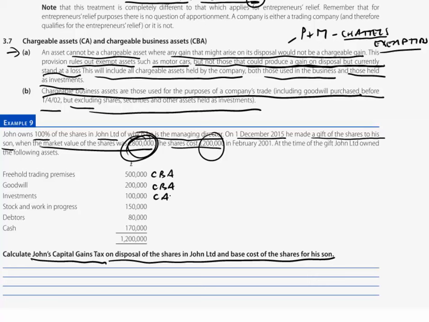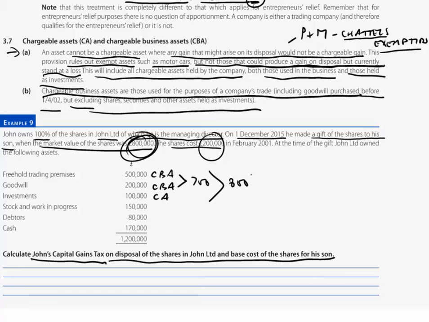But here we've got chargeable business assets at £700,000 and chargeable assets, including the investments, at 800,000. Meaning, therefore, that the amount of the gain eligible for gift relief will be restricted to the fraction CBA 700 over CA 800.